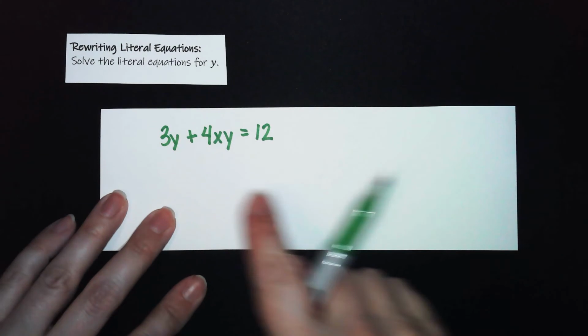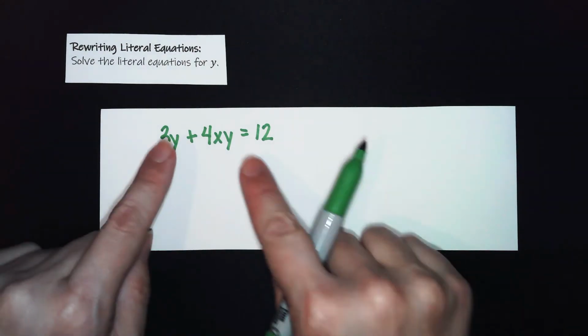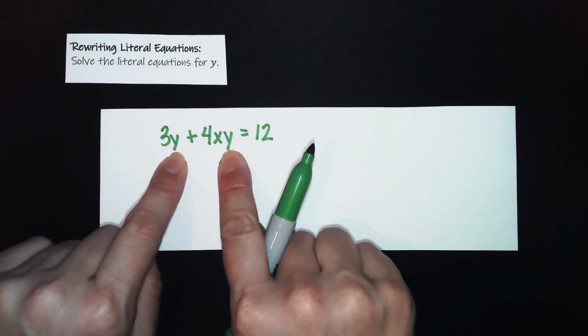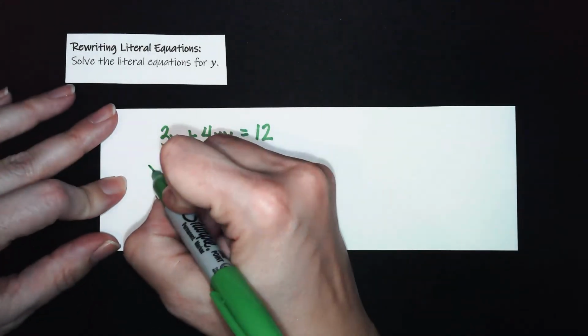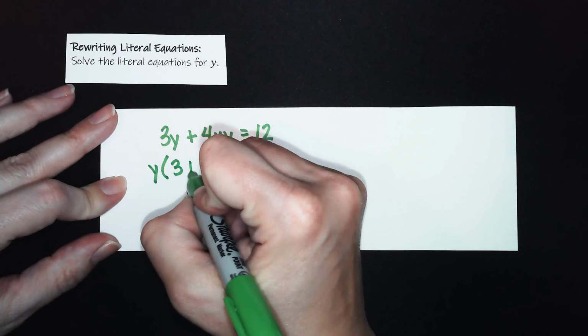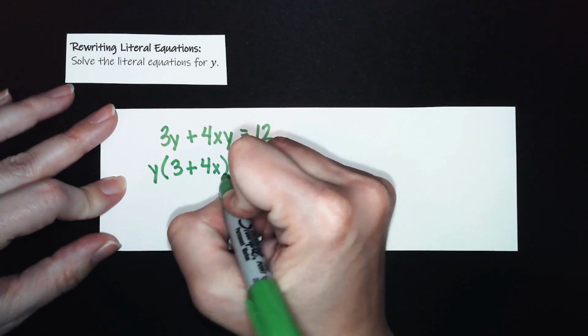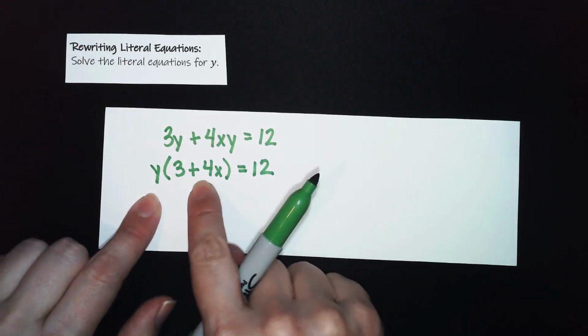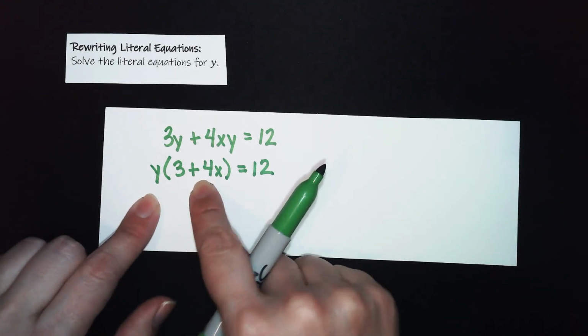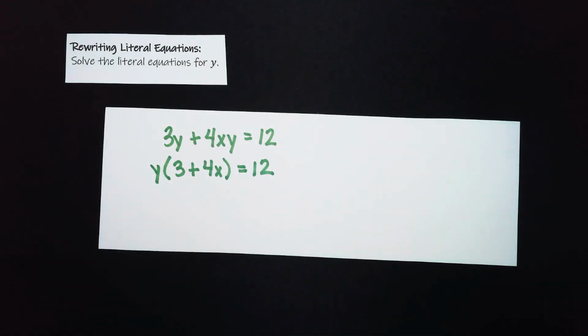But notice I'm trying to get y by itself, and it has 2 y's. So in this case, I'm going to factor out a y from everything. So I end up with 3 plus 4x. So then to solve for y, I'm just going to divide by 3 plus 4x. Okay? So just pay attention that there is a problem like that in the practice.